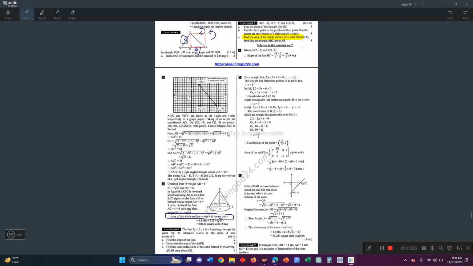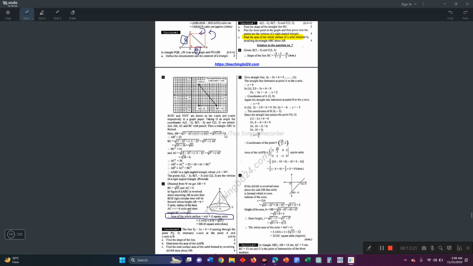No, I'm very sorry. If we want the length of AB, the formula is x1 minus x2 whole square plus y1 minus y2 whole square.